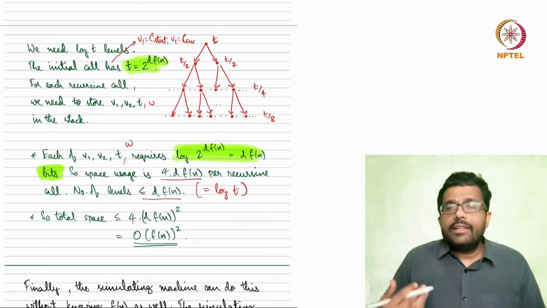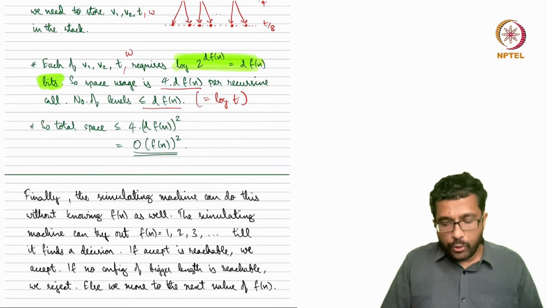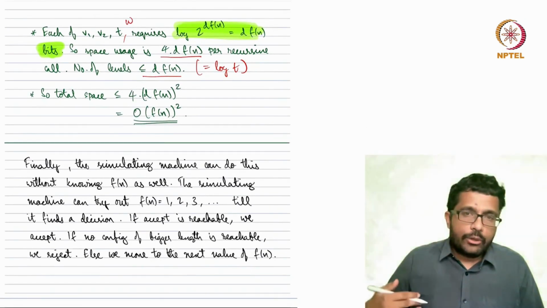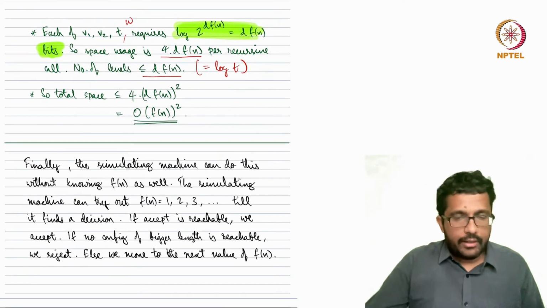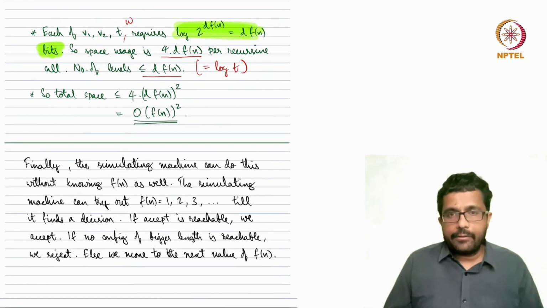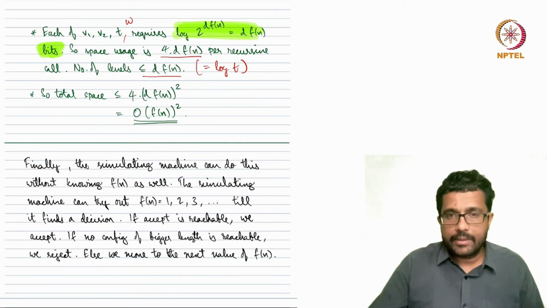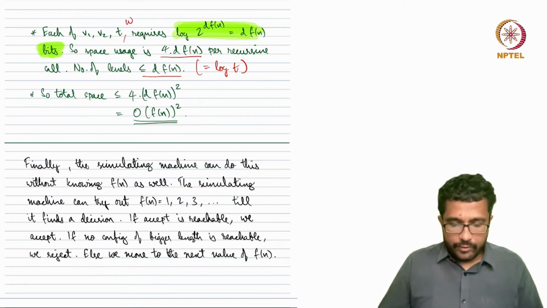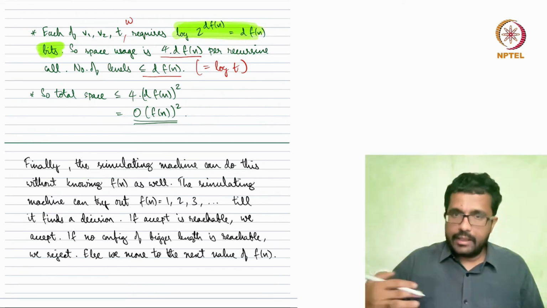But we don't even need to do that. If we don't know f(n), we could just try out f(n) equal to 1, 2, 3 and so on till we get some f(n) for which we get an answer. Either we get that the accept configuration is reachable from the starting configuration, or at some point we'll get that nothing more is reachable.